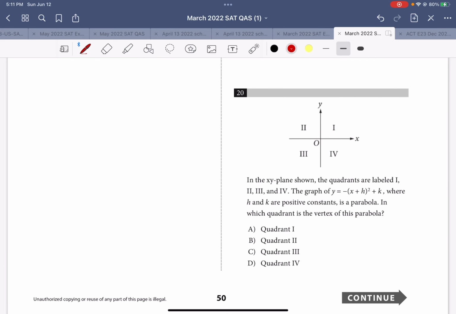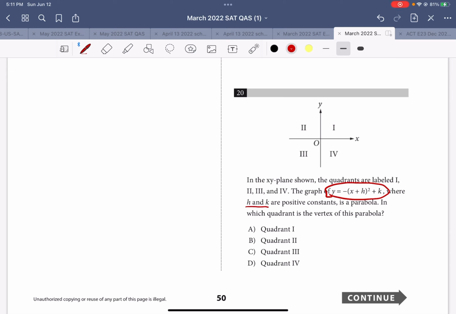Number 20. In the xy-plane shown, the quadrants are labeled 1, 2, 3, 4. They give you the vertex form of a parabola, where h and k represent positive constants, and ask which quadrant the vertex is in. So h and k are positive.